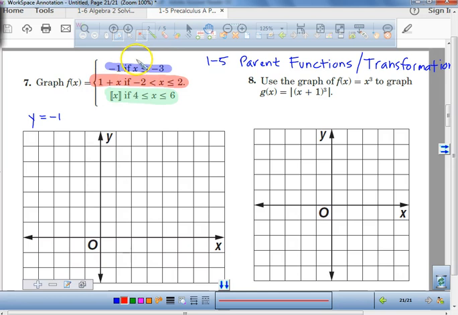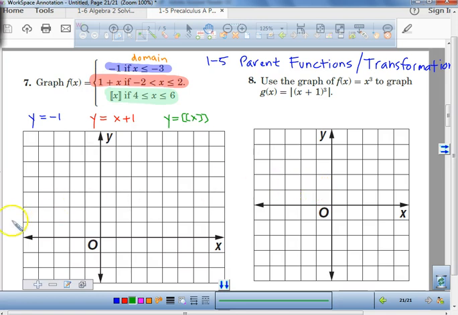All of these right here, this is your limits. You're limited to this domain. Your red function is y equals 1 plus x, I'm just going to write x plus 1. And the green function is y equals the greatest integer of x. This is your step function.